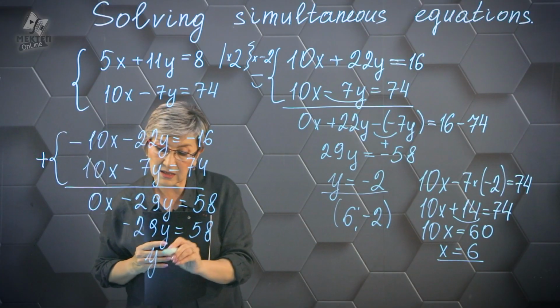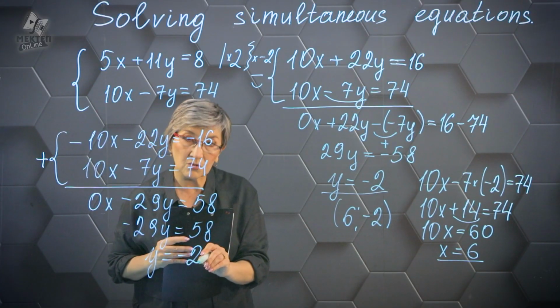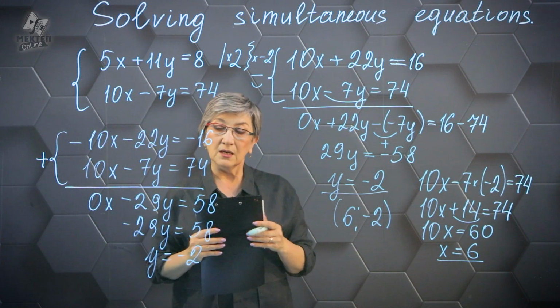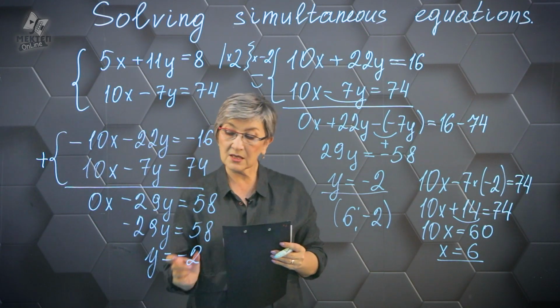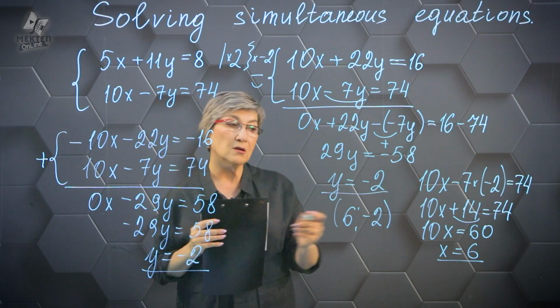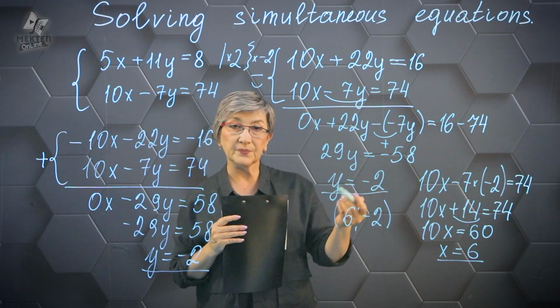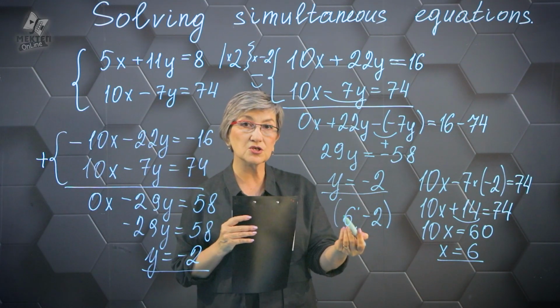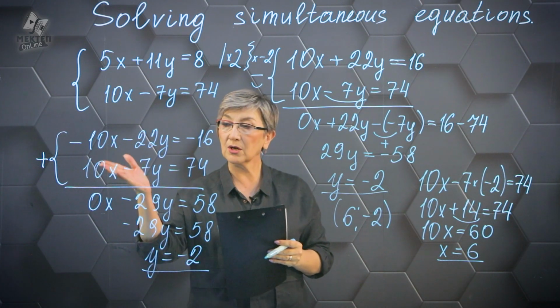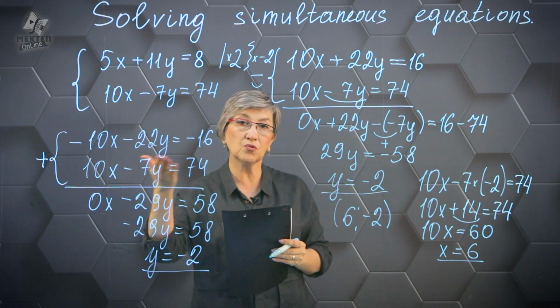And then y equals also minus 2. I won't calculate the value of x again since we already have a value for y, which is negative 2. Thus, x will also be 6. You just need to substitute this value into any of the equations.